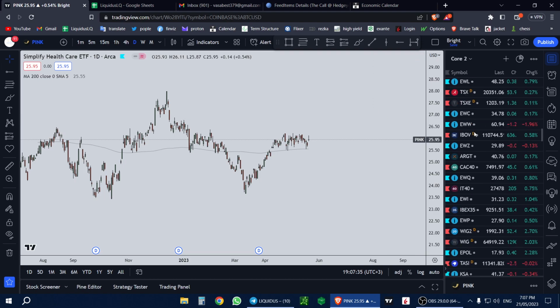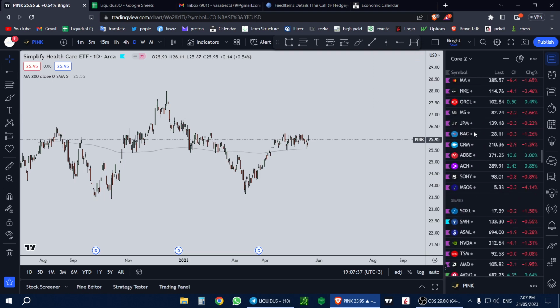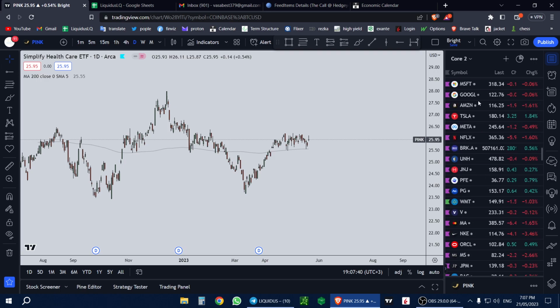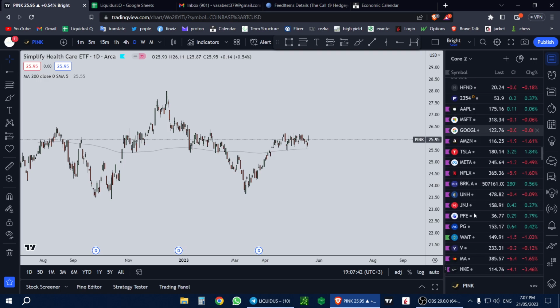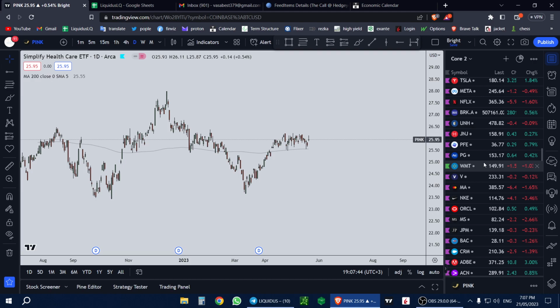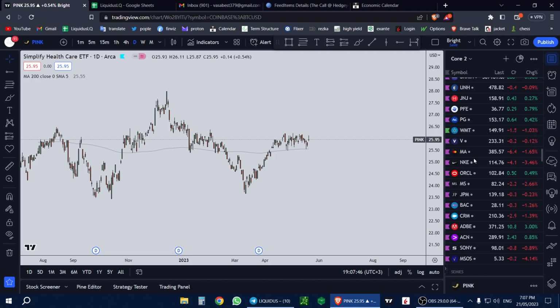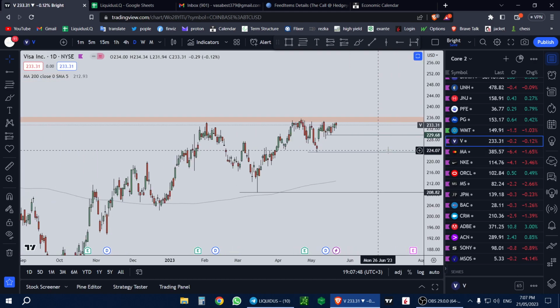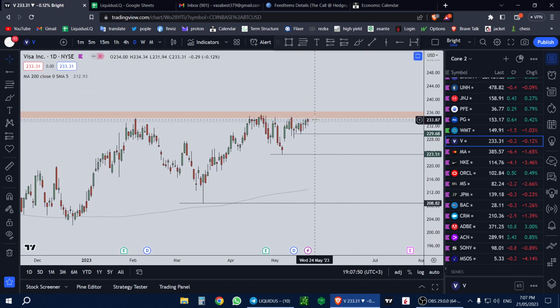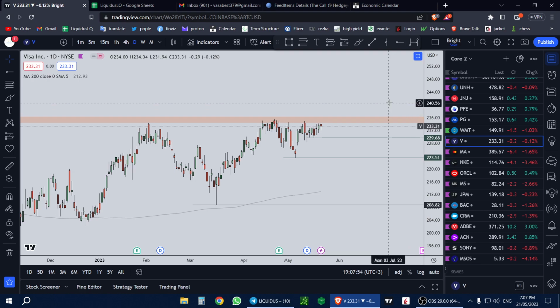Okay, we've gone through the major names right here, and we are long of everything right here. Everything is pointing to neutral to positive flow, so everything is fine. Visa, we are short. We are short a put on Visa, 225 short put. If it stays in consolidation, we're totally fine with it.